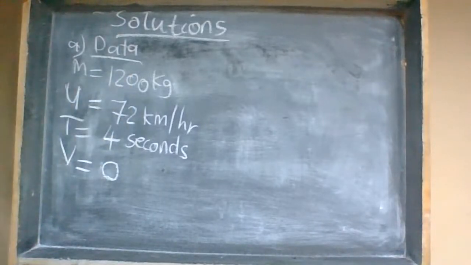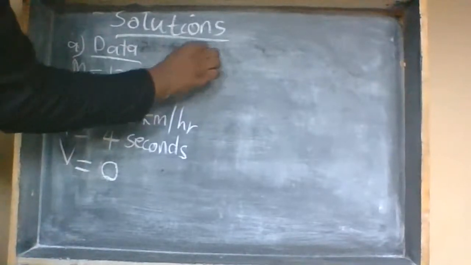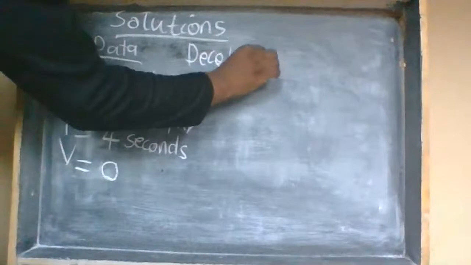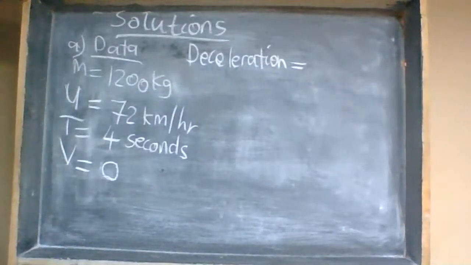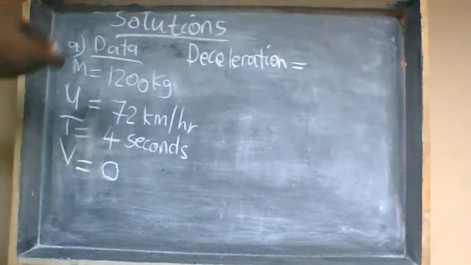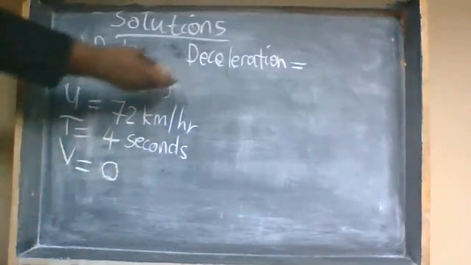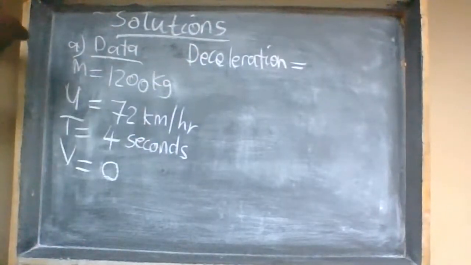Then the question is saying calculate the deceleration. The formula that we are going to use for calculating deceleration is the same formula that is usually used to calculate acceleration. The difference is that when we find the answer for deceleration, it will give us a negative answer.